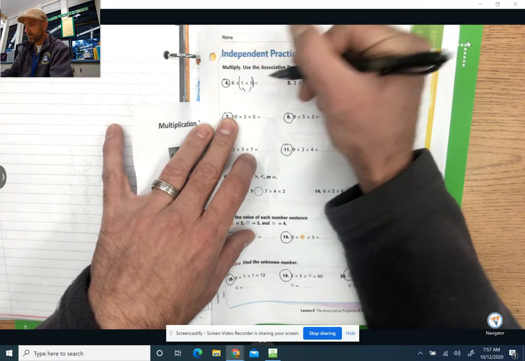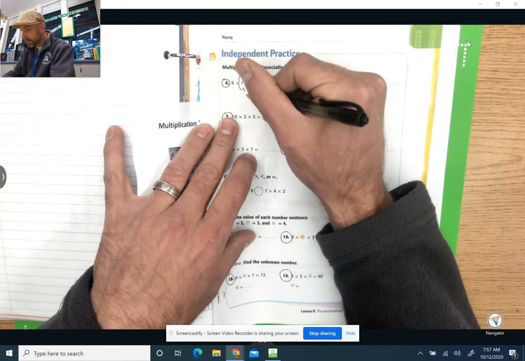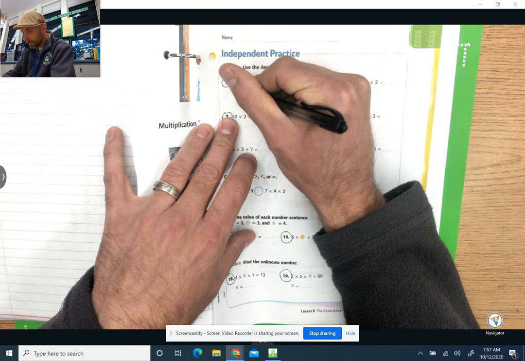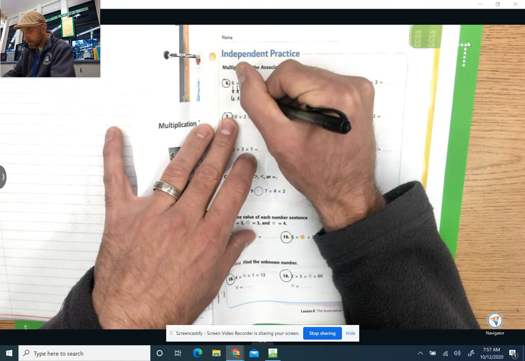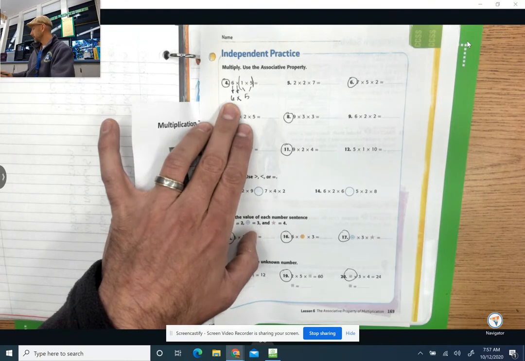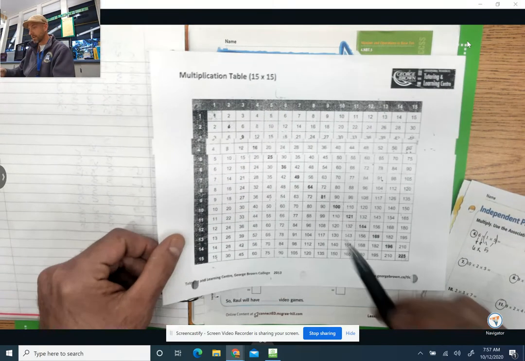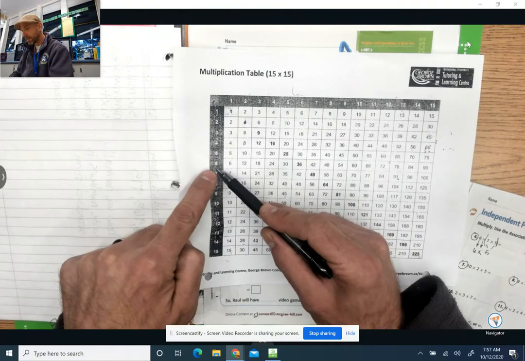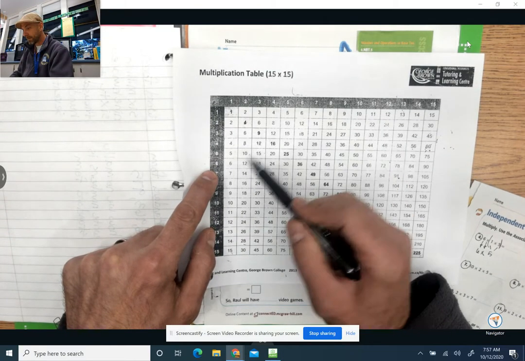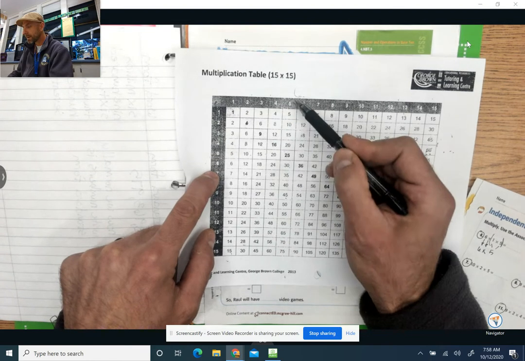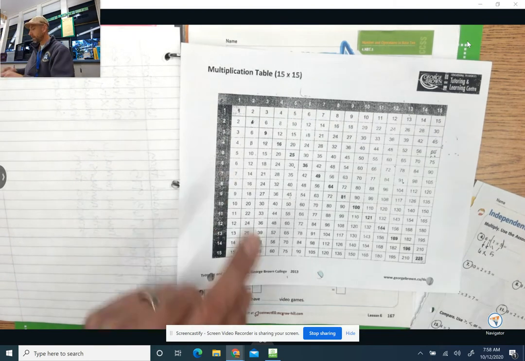Draw my caret. 5 times 1 is 5, and bring down what's left. And what you're left with is a basic fact that can be found. 6 times 5. Come down here, find my 6. Over here, I got my 5. Go over 5. 1, 2, 3, 4, 5. 6 times 5 is 30.